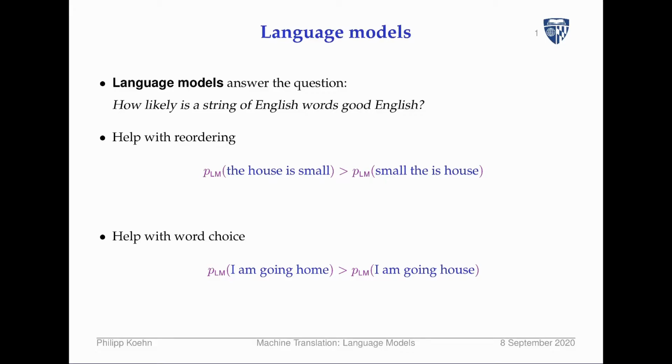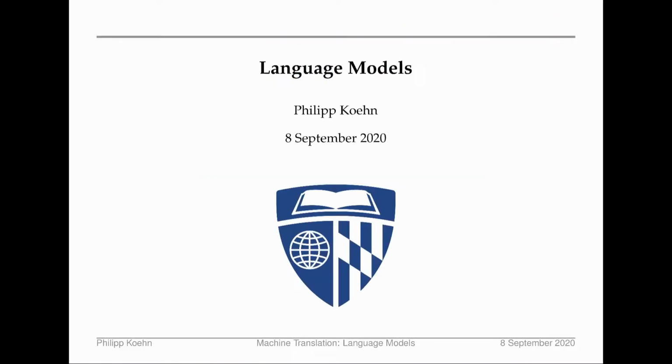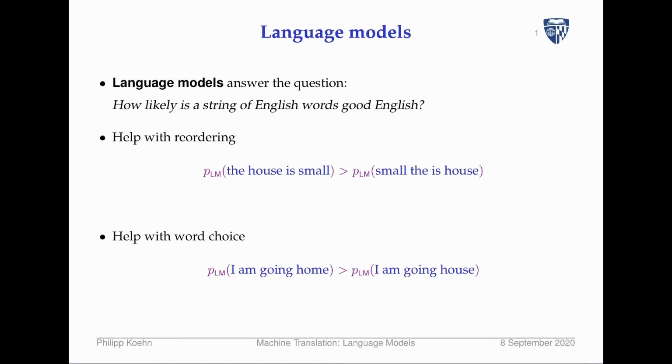One of them is that it is going to help with reordering. So it will look at a string of words like "the house is small" and say, well, that's probably a more likely string than "small the is house." It also helps with word choice.